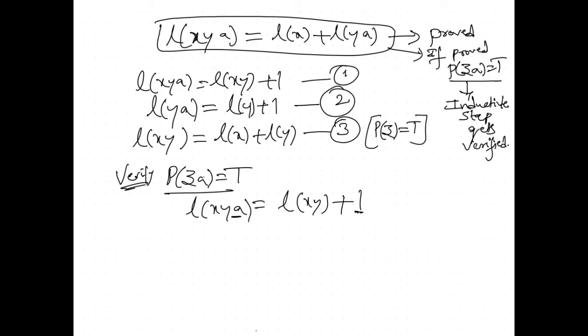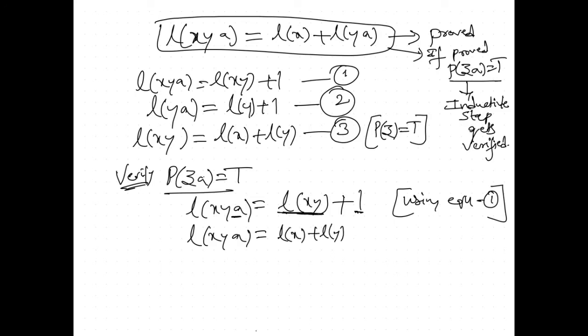Next, I can write L of xy replaced using the third one, equation 3. Now L of xy can be written as L of x plus L of y, plus 1, using equation 3.